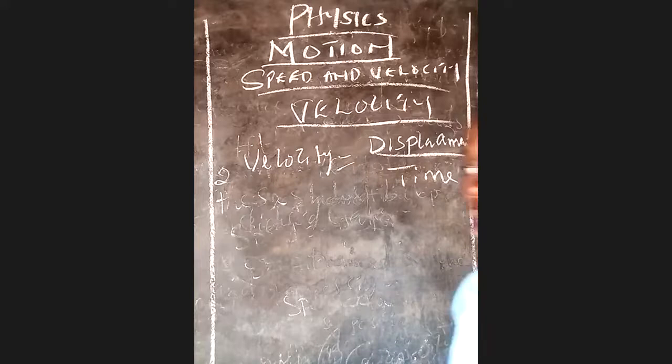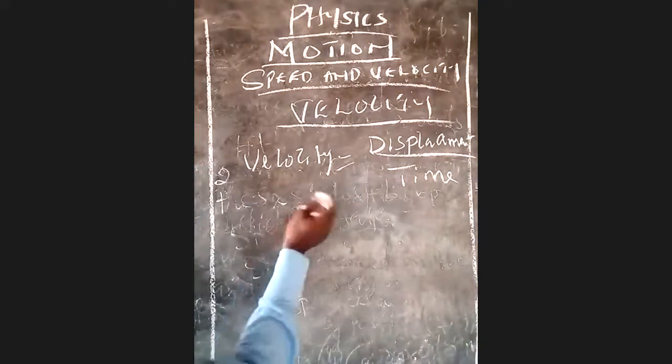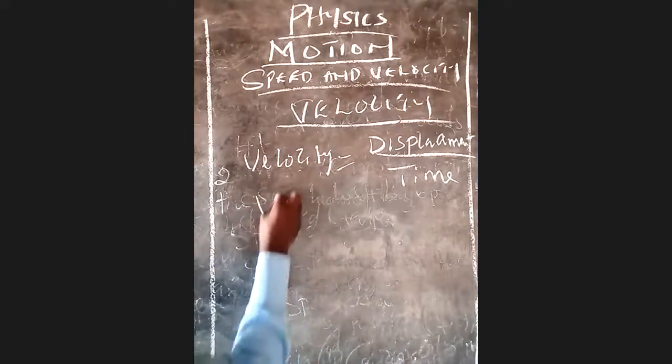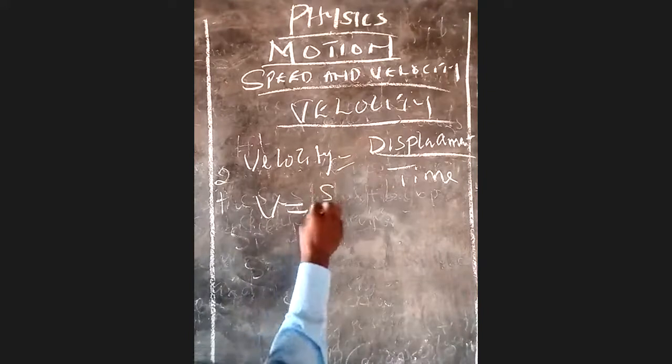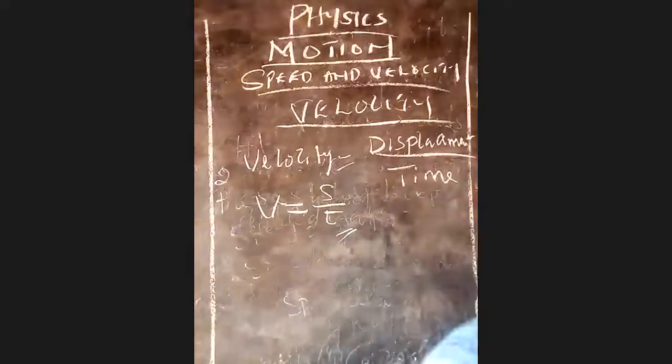That is the formula for calculating velocity, V is equal to S all over T.